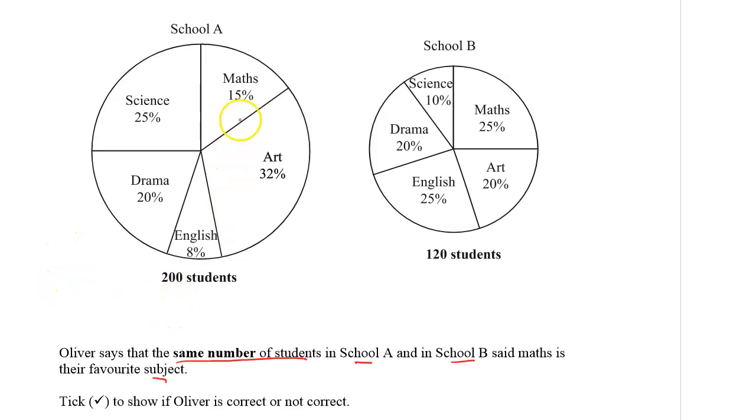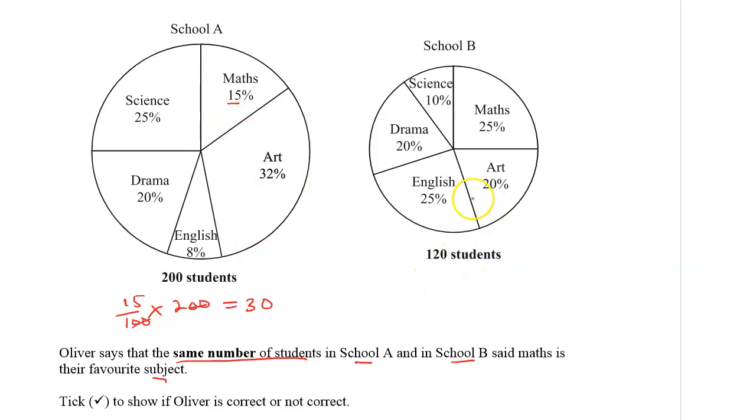For school A, maths is 15%. So students taking maths in school A will be 15 divided by 100 times 200, and this will give us 2 times 15, which is 30. So 30 students are doing mathematics.